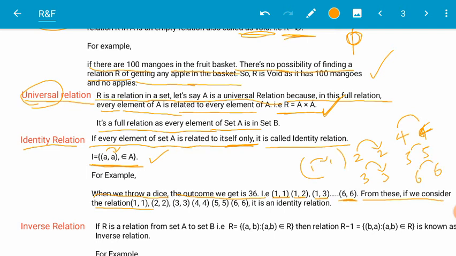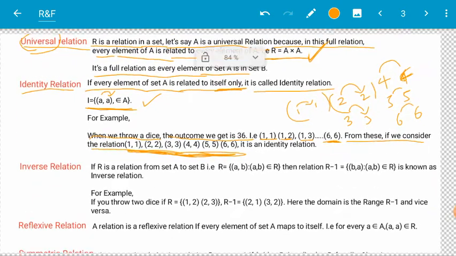These ordered pairs are said to be identity relation. See here: (1,1), (2,2), (3,3), (4,4), (5,5), (6,6). If those elements are present, then that relation is said to be identity relation.